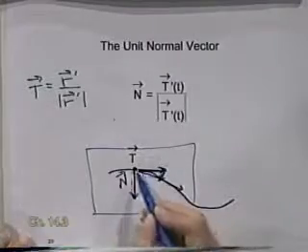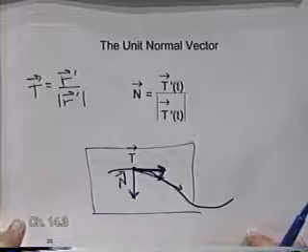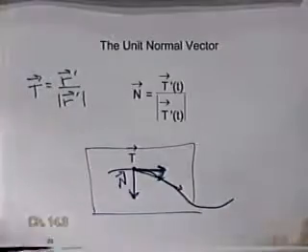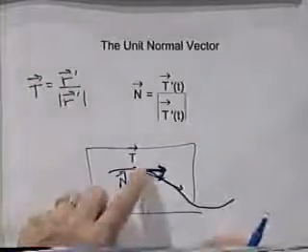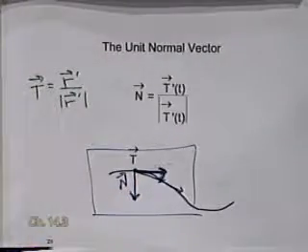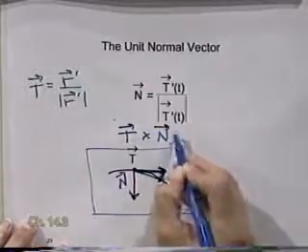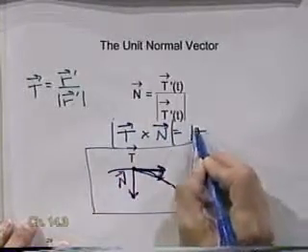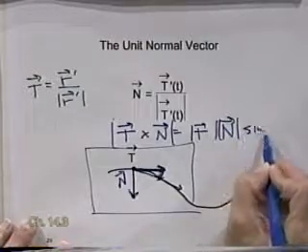Now, since you have this vector and this vector, why not take their cross product? What are you going to produce? Another vector perpendicular to both of them. If I take the cross product of T and N, its magnitude is the length of T times the length of N times the sine of the angle between them.